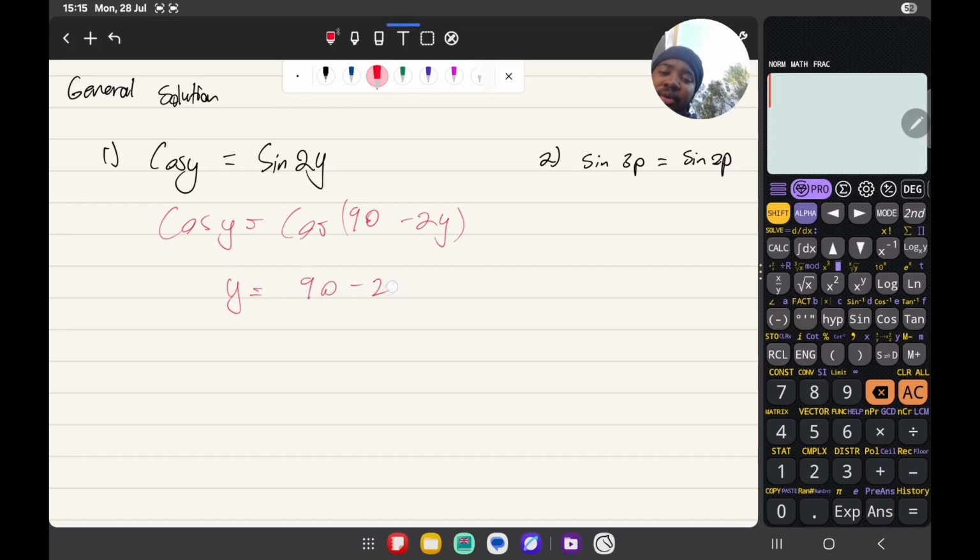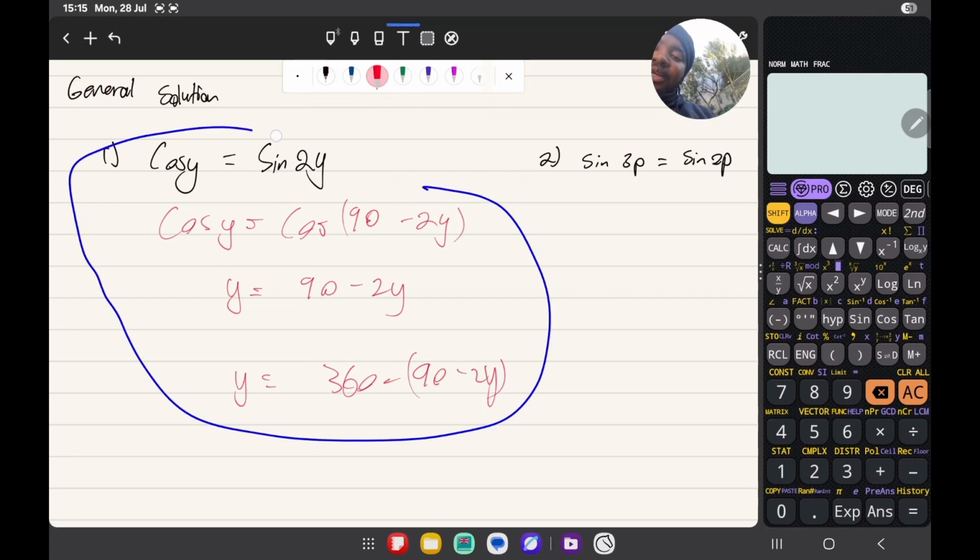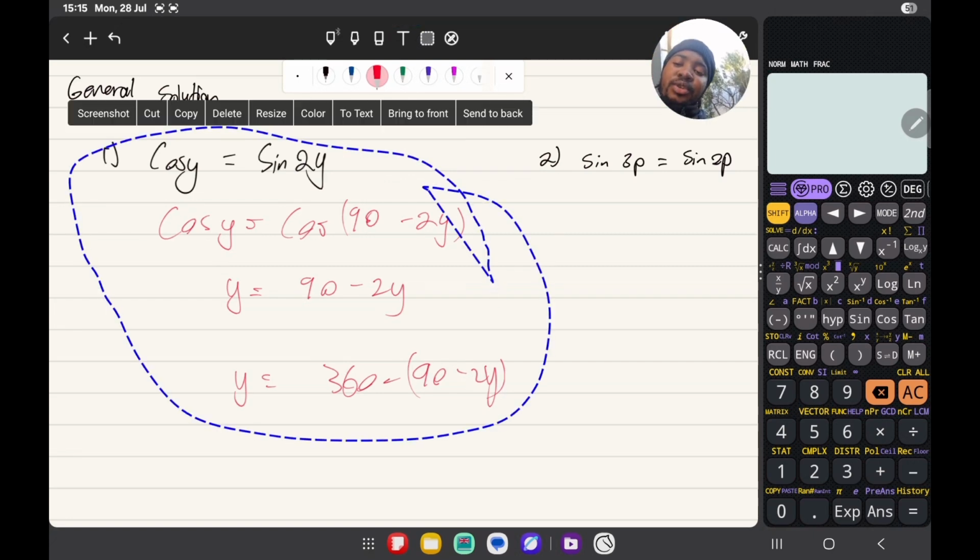Then you ask, where is cos positive? First quadrant and fourth quadrant. That means in the fourth quadrant you'll have something like 360 minus (90 minus 2y), and so on. So there are just different ways of doing these things, and if you see me doing it the other way, which might be different from the way you solved it, don't be alarmed.